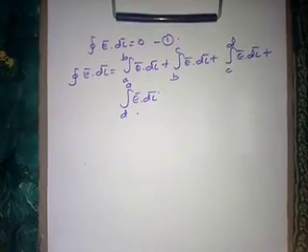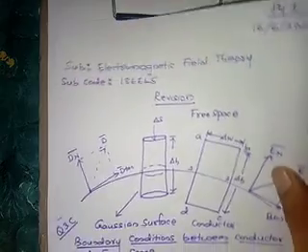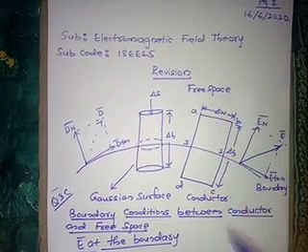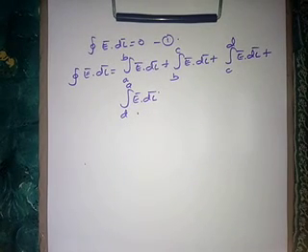As we look into this closed path, A to B, B to C, C to D and D to A.